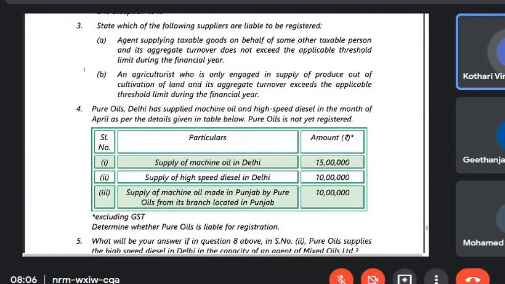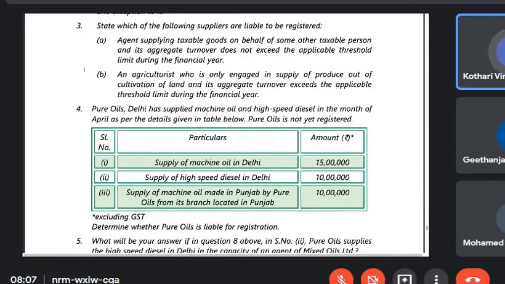Taxable person means what? Taxable person includes a registered person or a person who is liable for registration. Though the agent's turnover is not more than the specified limit, since he is supplying the goods on behalf of a taxable person, he is liable to register.